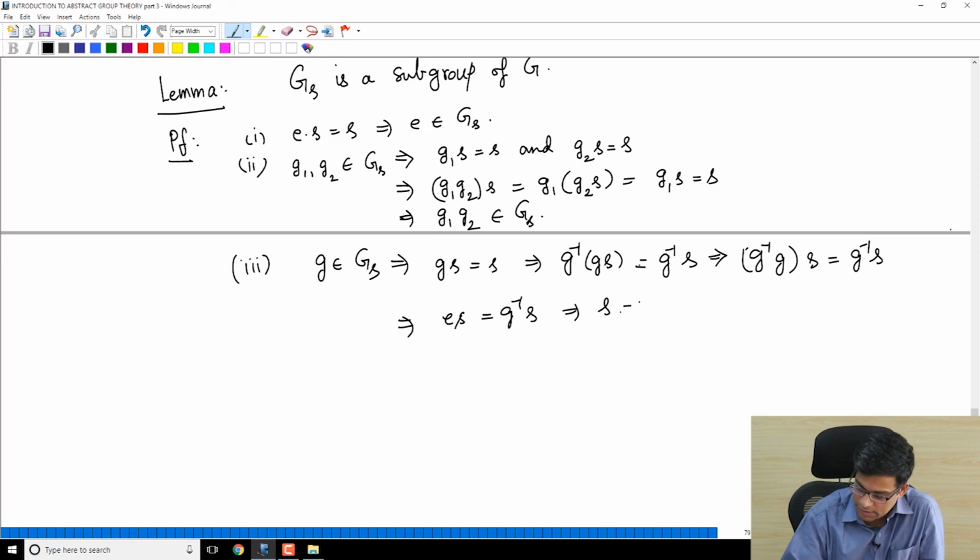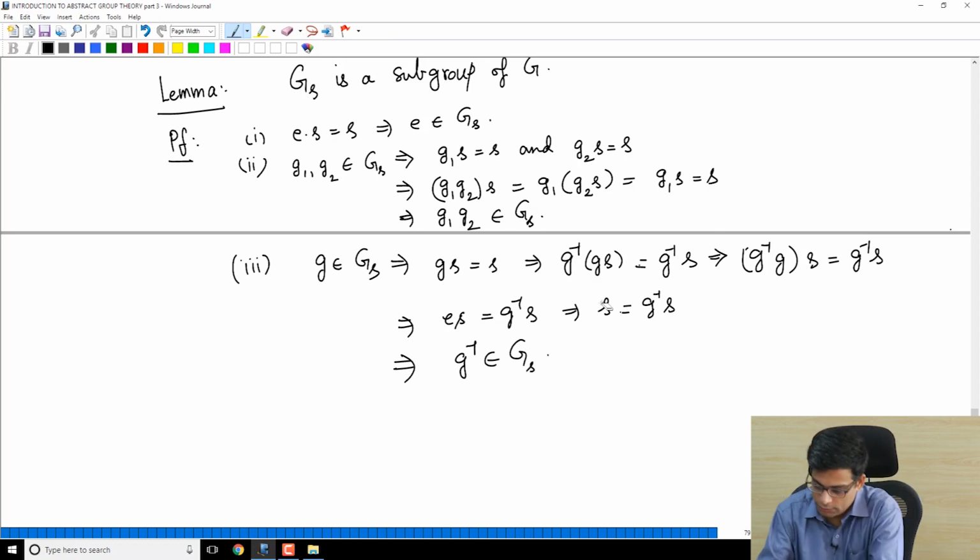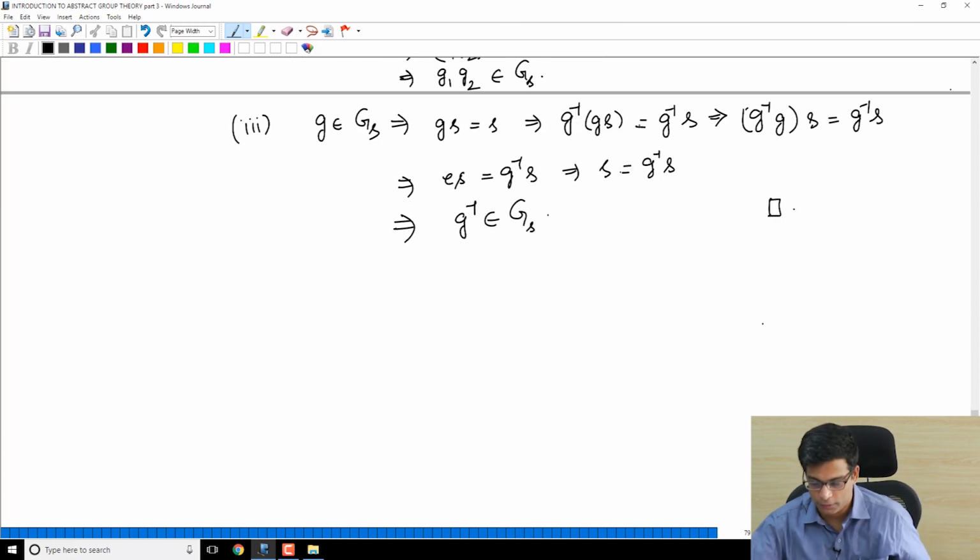This means s is equal to g inverse s, right? But this means that g inverse is in the stabilizer of s, because g inverse also fixes s. g inverse s is s, so g inverse is in the stabilizer. So this is the proof that stabilizer is a subgroup of G.